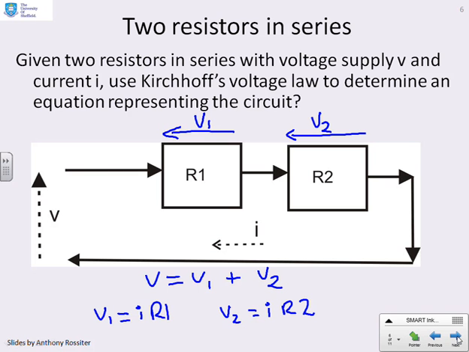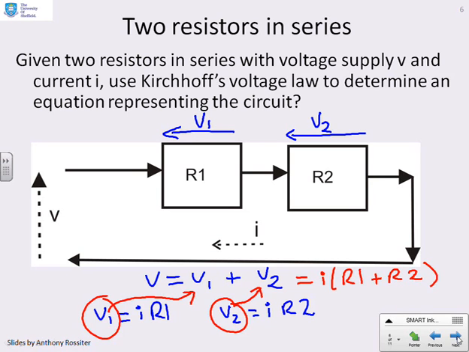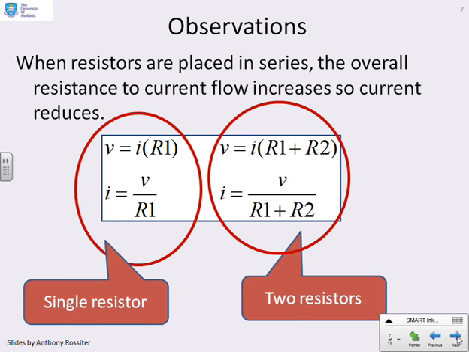And you'll notice what I can do next is take this V1 and put it in here, take this V2 and put it in there, and so what I get left with is I into R1 plus R2. So I've now successfully modelled a circuit with two series resistors.